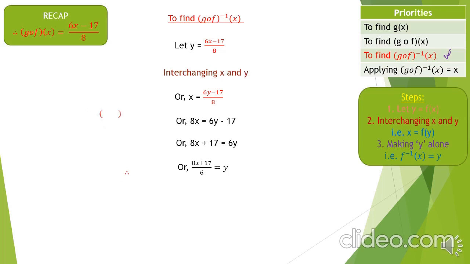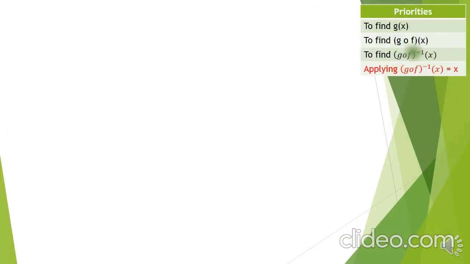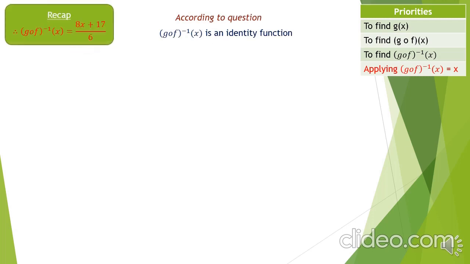Therefore (g∘f) inverse is (8x + 17)/6. Finally, we have to apply that it is an identity function, which means (g∘f) inverse of x is equal to x. By definition, if f(x) is an identity function, then its input will be equal to its output.